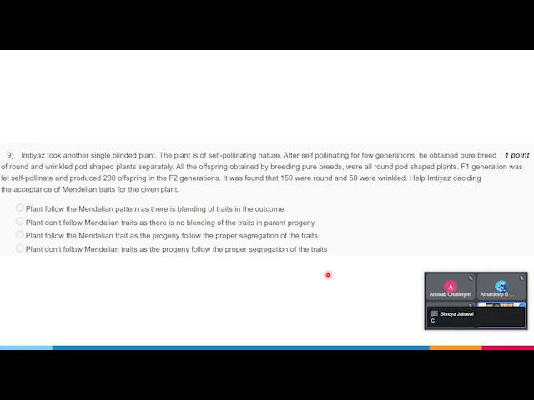So only one option is correct. Shreya says it is option C, that is, plants follow the Mendelian trait as the progeny follow the proper segregation of traits. Anyone else want to try?